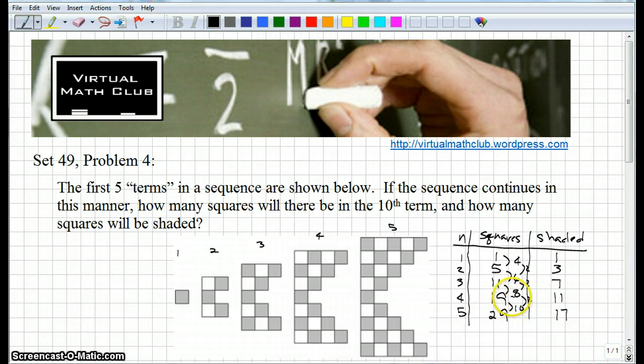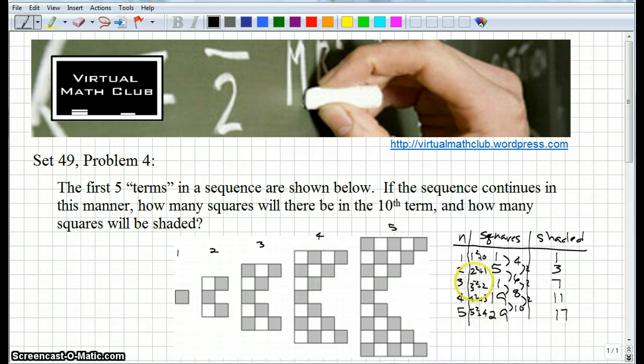So what I did to solve this, I thought, okay, in terms of the square of n. So I know that, for example, this is 1 squared plus 0. This is 2 squared plus, how many more? Just 1 more. This is 3 squared plus 2. And this is 4 squared plus 3, and 5 squared plus 4.